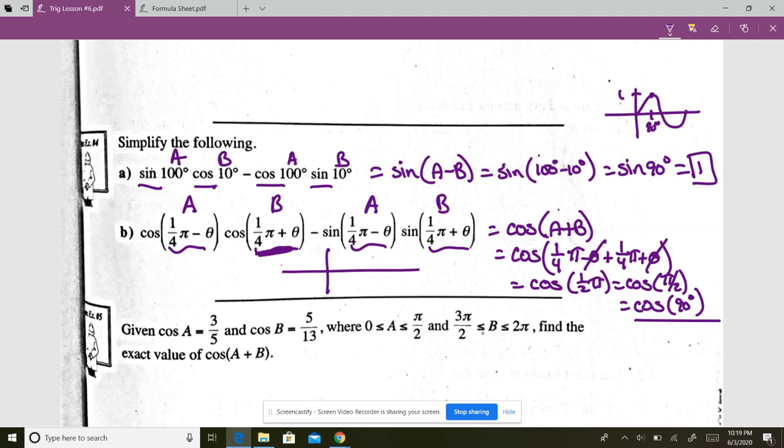Just take a calculator, but if you remember the cosine graph, looks like that. That is 90. The cos of 90 is 0. And that's your answer. All right, so when it's big, long, and complicated, look to turn it into one of the addition identities here. All right, that's it.